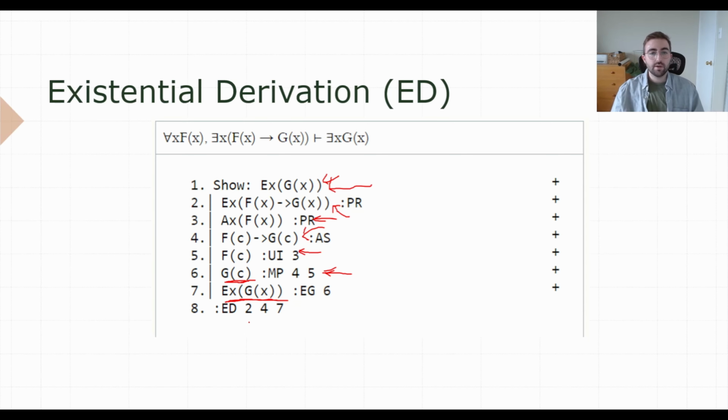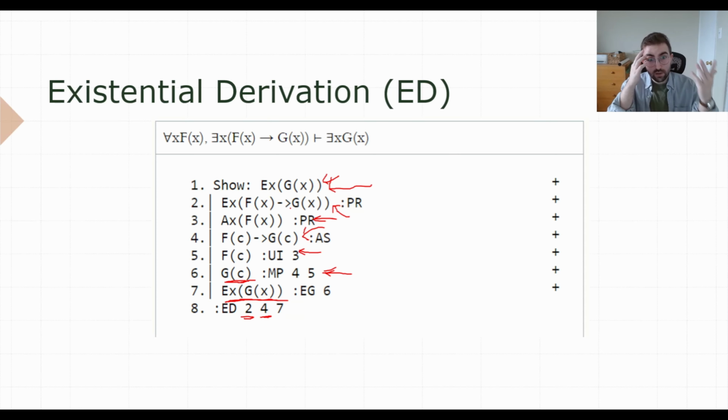And you'll notice that we cite 3 lines. We cite line 2 because we used line 2 to make our assumption on line 4. Line 4 makes an assumption about the thing that line 2 is about. Line 2 is saying there's at least one x where if it's f, it's also g.